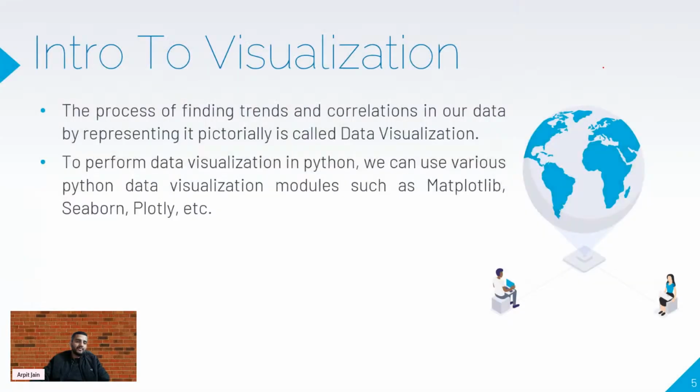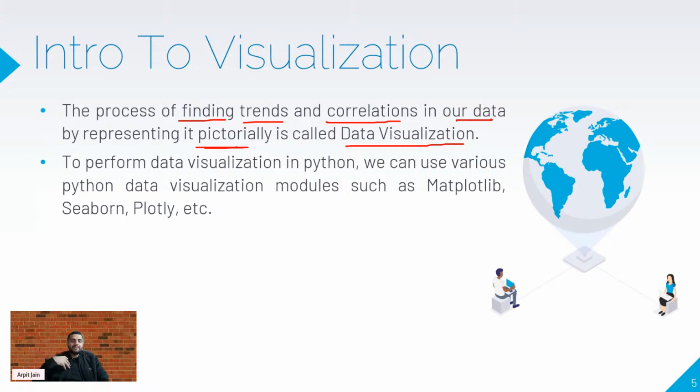Okay. So just to quickly tell you what data visualization is: the process of finding the trends and the correlations in our data by representing it pictorially is called data visualization. Again, it's more like a bookish definition, guys. No need to remember this.